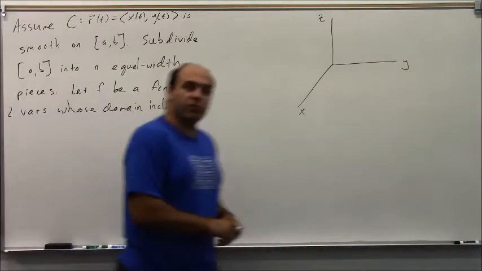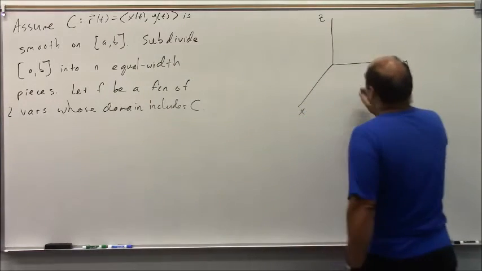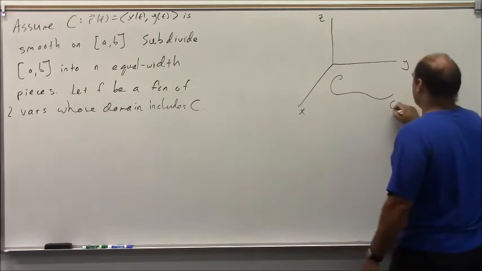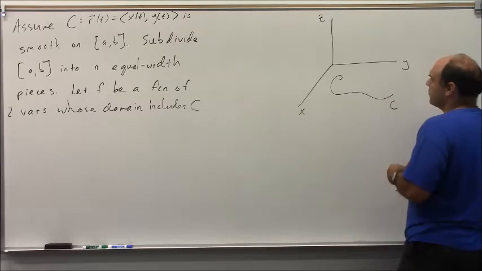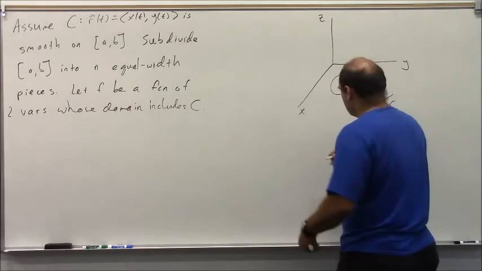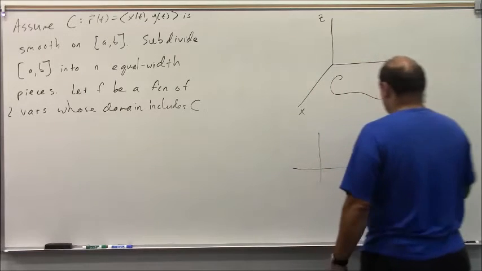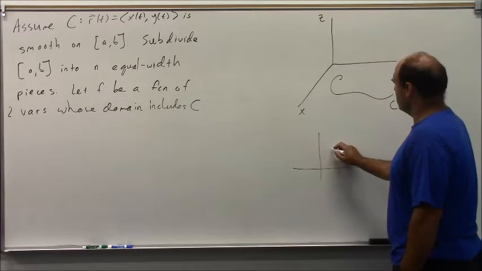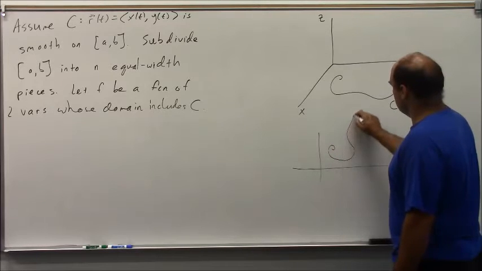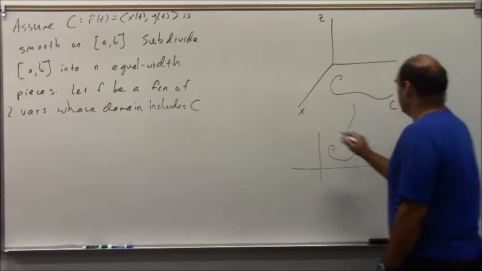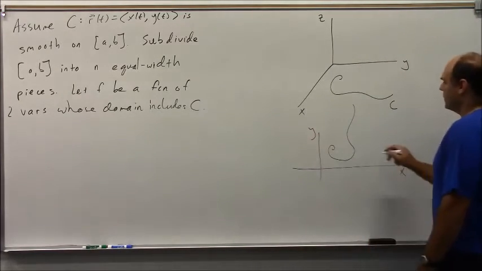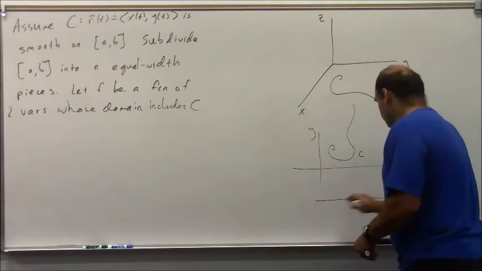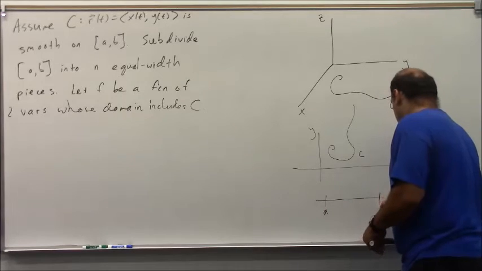And I'm going to sketch the graph of that over here. So I have this curve C. It's a parametric curve that seems to look something like this. There's my x and y axes. That's my curve C, and it's defined on some interval a, b.